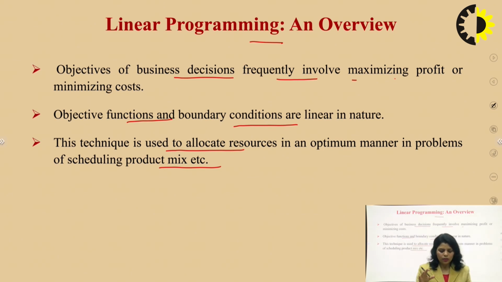Planning means the process of determining a particular plan of action from several alternatives. And linear means all the relationships involved in a particular problem are linear in nature. So this is linear programming. Clear?